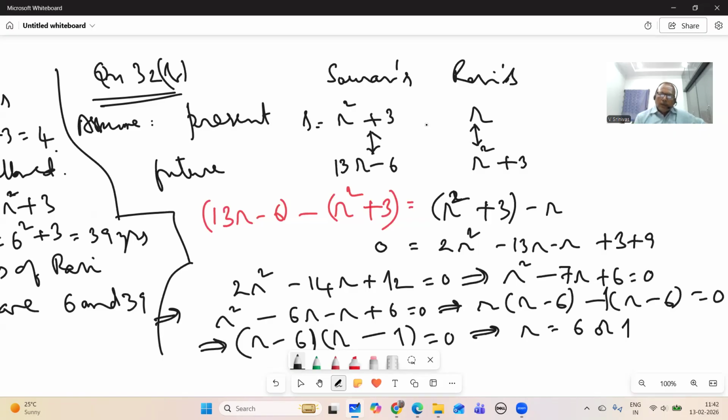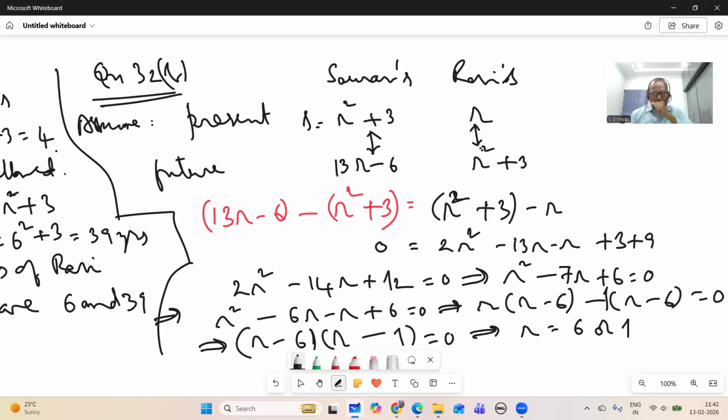And then when Ravi attains Saurav's present age, means Ravi is growing to the age of r square plus 3, then Saurav's age becomes 6 years less than 13 times Ravi's present age. Ravi's present age is r, 13 times that means 13 into r. And 6 years less means from this you have to subtract 6.